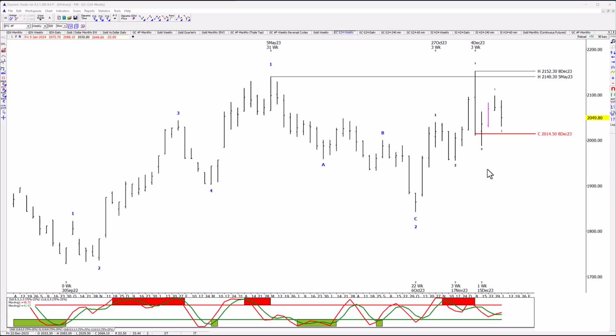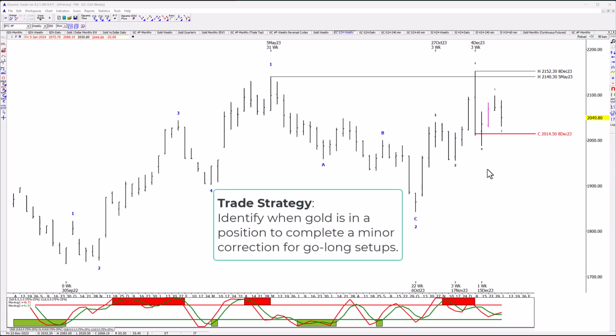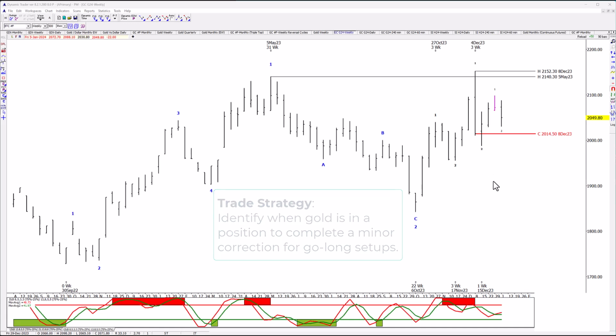So our trade strategy is to identify whenever gold is in a position to complete a correction, then to either add to our current long position or initiate long positions in gold, whether it's in futures or the ETF or whatever type of contract that you trade.